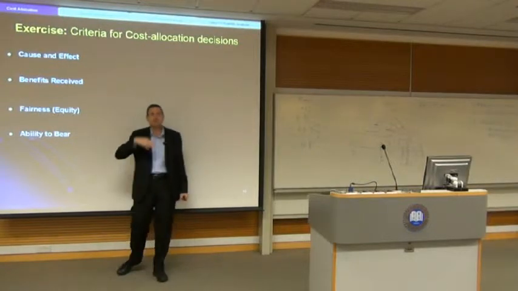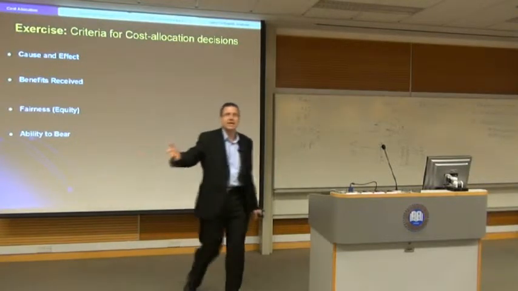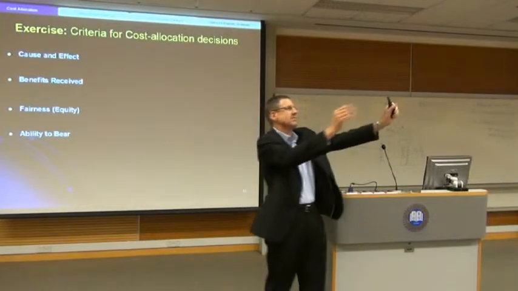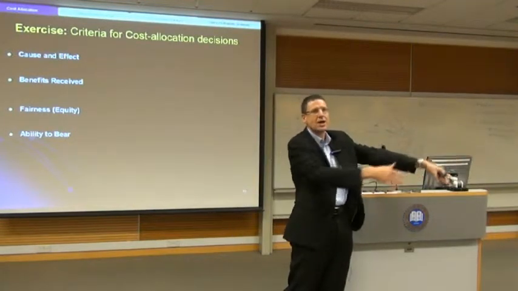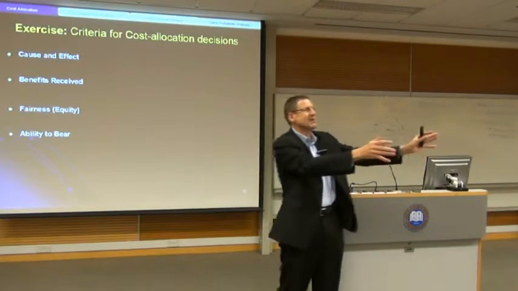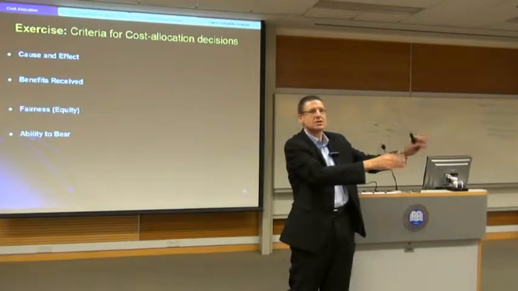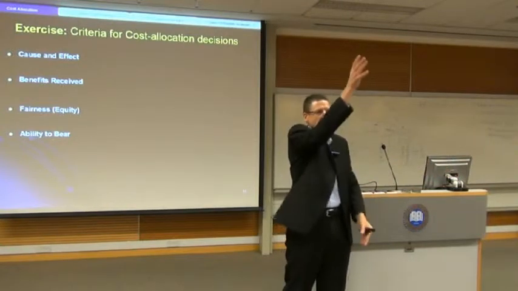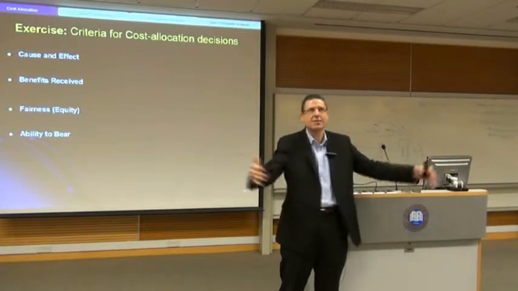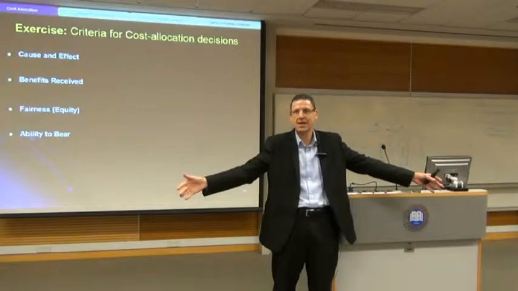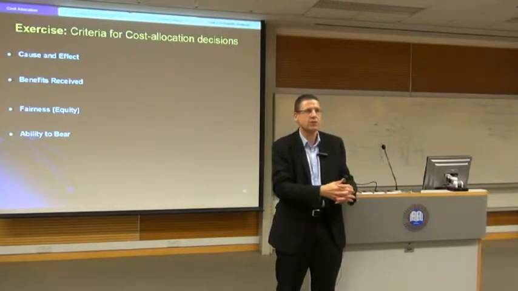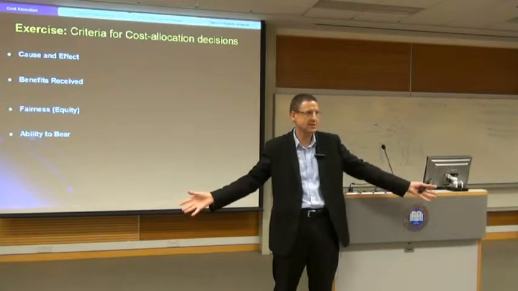Someone receives more benefits. Here's one department selling to retail, and here's another department selling to commercial. In commercial you're making so much more profit because you can sell at a higher margin and you've got more volume, but you both use the same office space. I'm going to charge you equally, 50% each, for the rent of this office space.